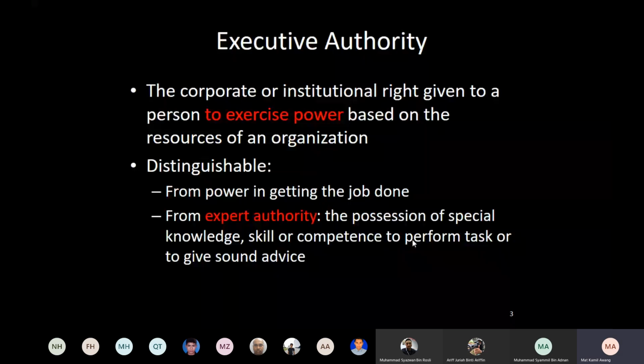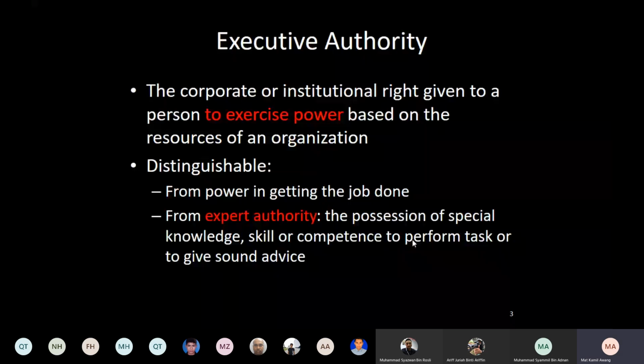But you, as a professional, also have an authority, which is called expert authority. Expert authority is the possession of special knowledge, skill, or competence to perform tasks or to give sound advice.